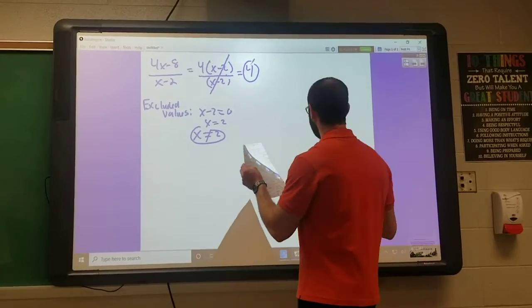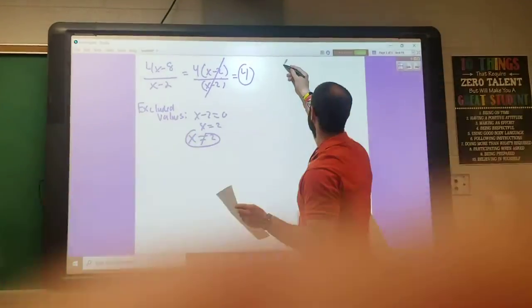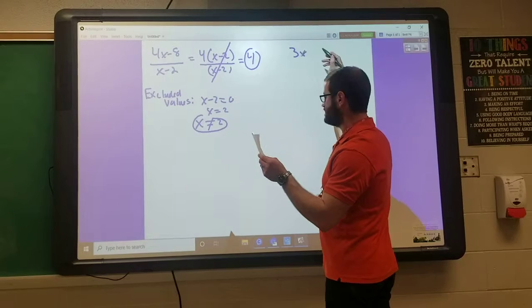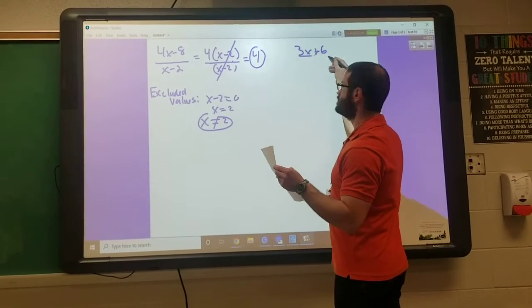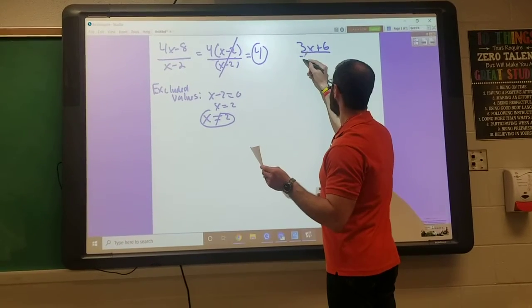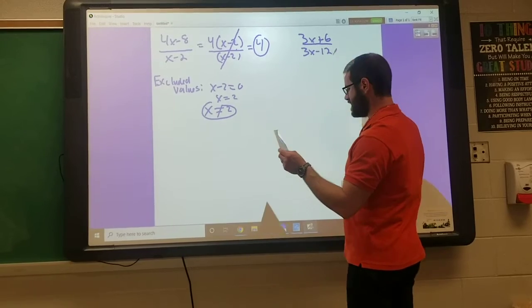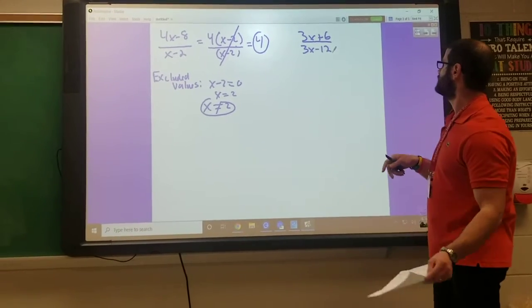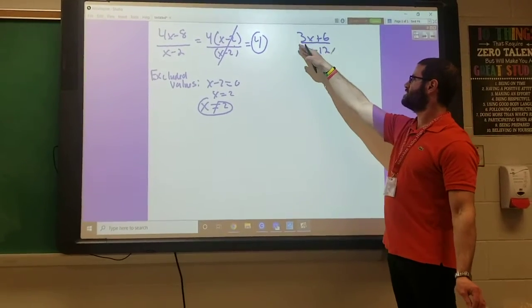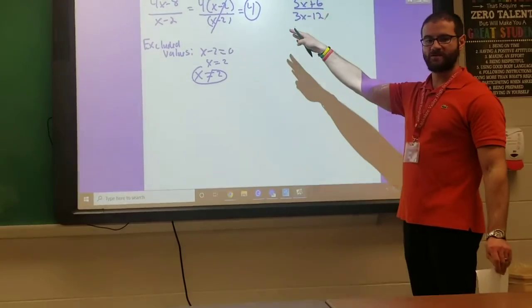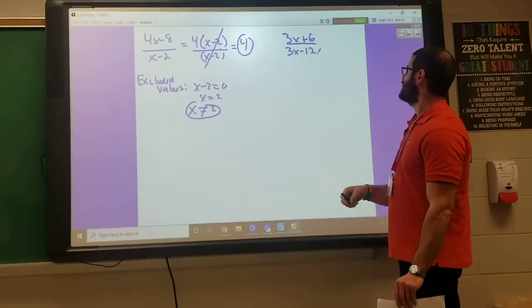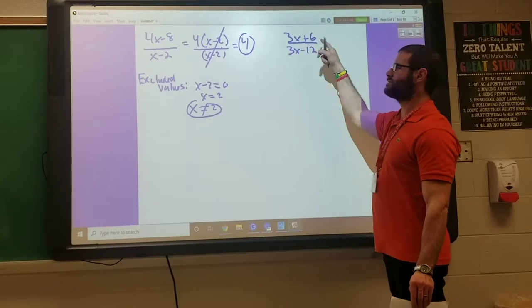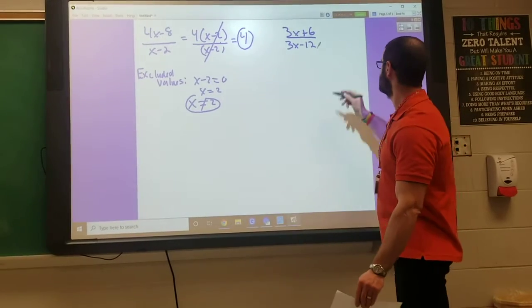Let's try another one. Let's say we got 3x plus 6 in the numerator, and 3x minus 12 in the denominator. If we look at that, we should be able to see that we can factor common terms out of both the top and the bottom. At the top, the common factor of 3 and 6 would be 3.